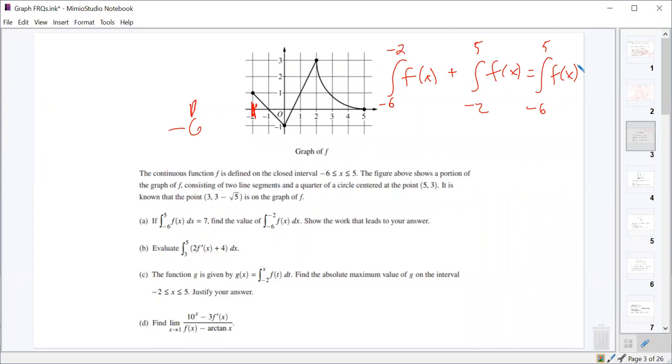Everybody good with the setup there for the first one? Okay. So they tell us that -6 to 5 is 7. We want this one. So we need to figure out what the integral from -2 to 5 of f of x is. Well, what is the integral from -2 to 5 of a function? What does that mean?